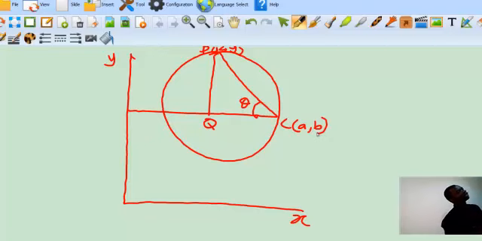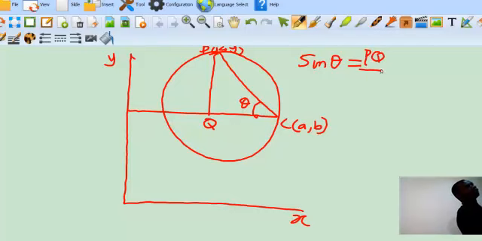If you want to obtain the vertical component from this circle, you will use the relation sin theta is equal to PQ all over R. Now, R is the radius, and from that you can obtain your vertical component. The PQ will be equal to R sin theta.